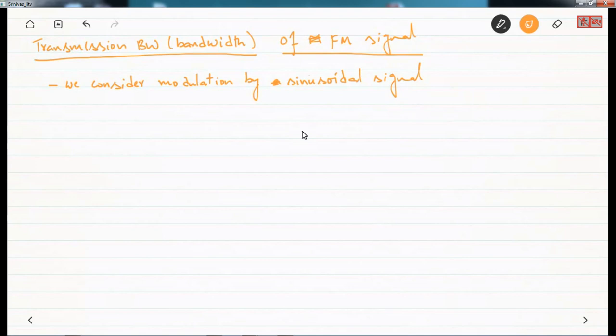So if I modulate with a frequency fm, what are we getting? We are getting infinite frequencies corresponding to fm, 2fm, 3fm, and so on. These are the side frequencies, on the positive side of the spectrum.